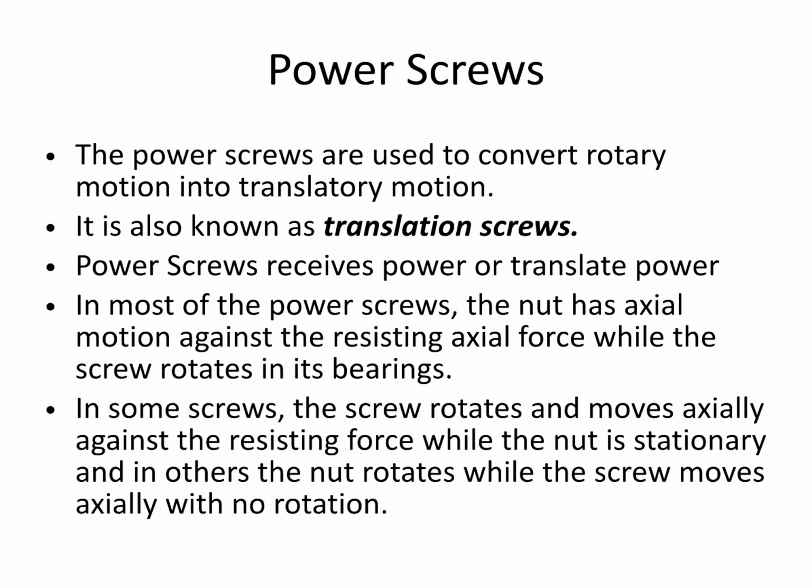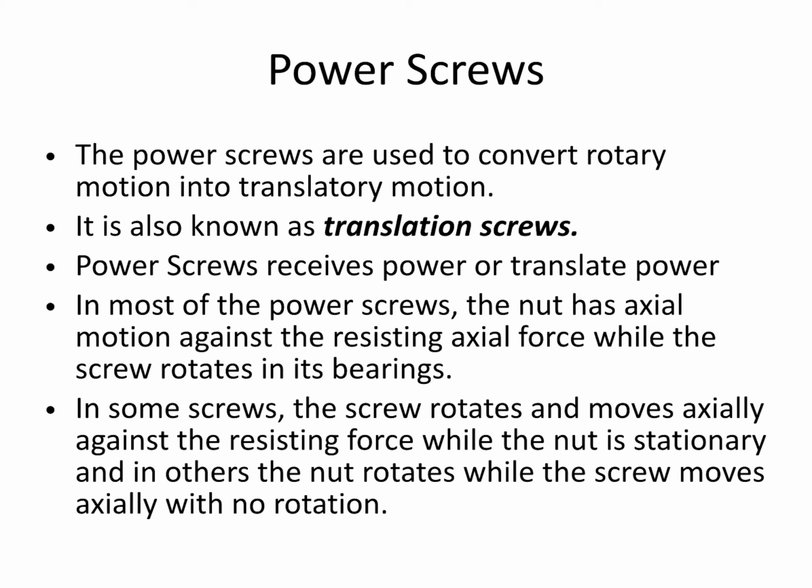That lead screw rotates, and on that lead screw a carriage or the tool post is assembled, and it can move from one place to another. Translational motion is provided with the help of this power screw, that is the lead screw.